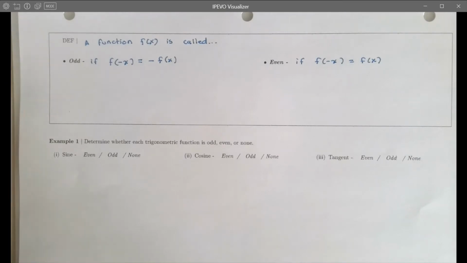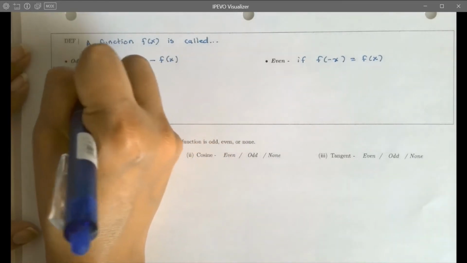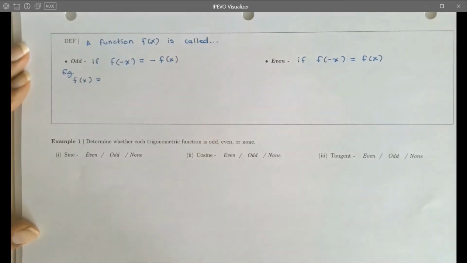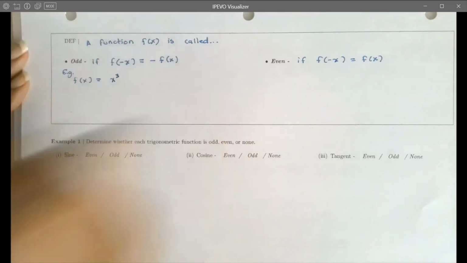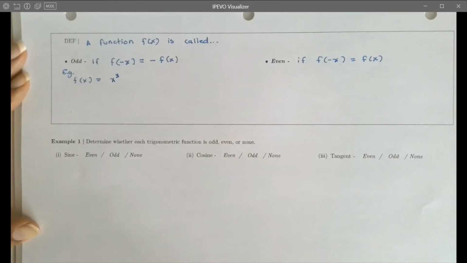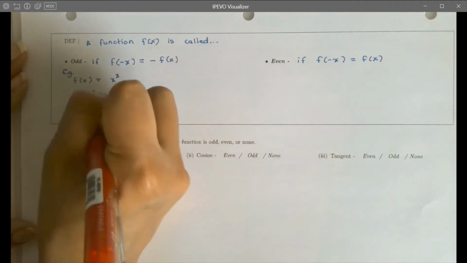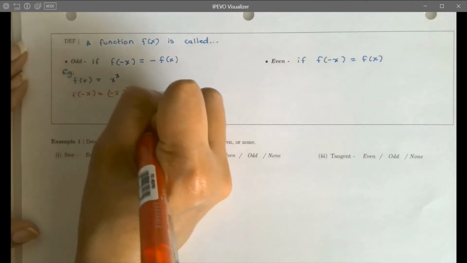So for instance, if you take a look at f of x equals, and this is an example, so I'll write e.g. f of x equals x cubed. Okay. If we take a look at what is f of negative 2, well, f of negative 2 will be negative 2 cubed, which is negative 8.